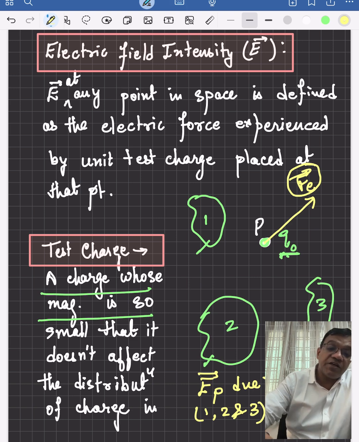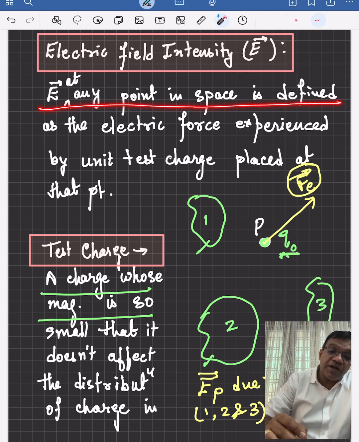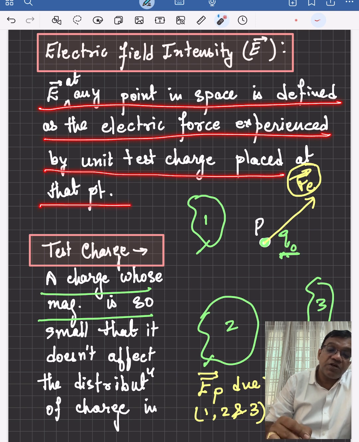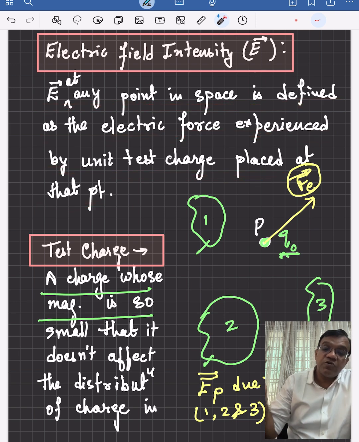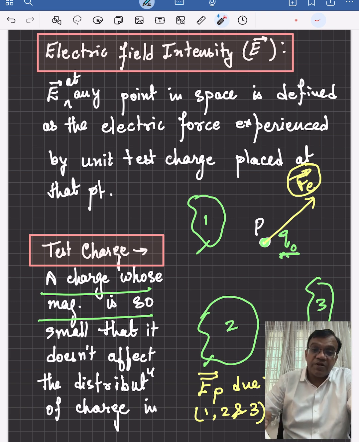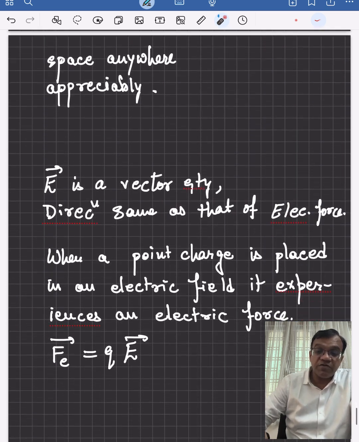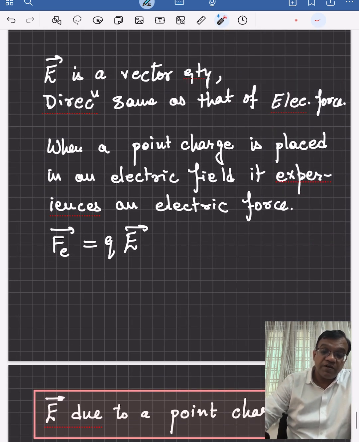So in short, electric field intensity at any point is defined as the electric force experienced by a unit charge placed at that point. Place a unit positive test charge, find out the force experienced. The force divided by the magnitude of that test charge will give you the electric field.